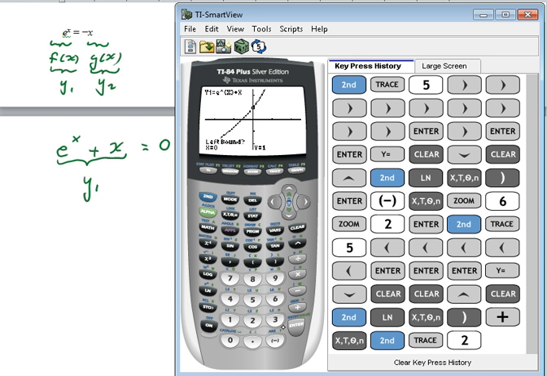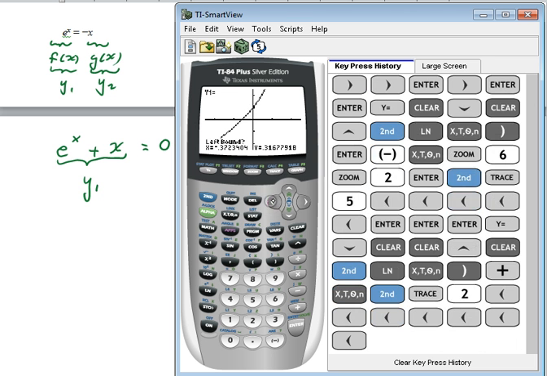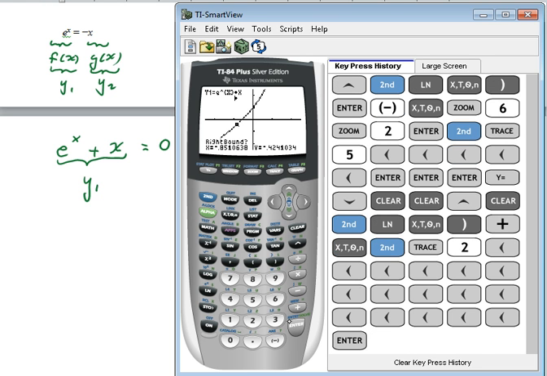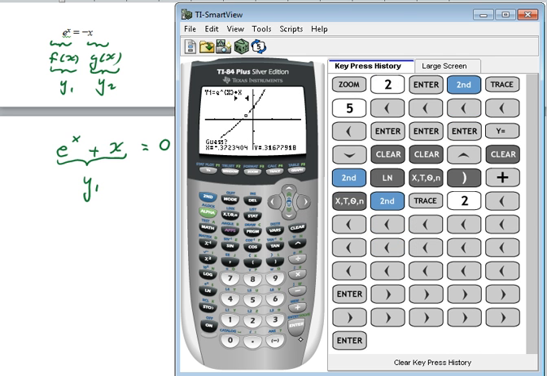And it asks for a left bound, and so we'll use the left arrow to go to the left of the 0. Hit enter. Use the right arrow to go to the right of the 0. Hit enter. Hit enter a third time to let the calculator find the value.